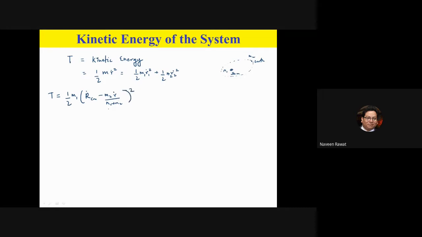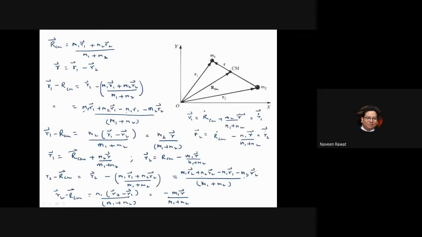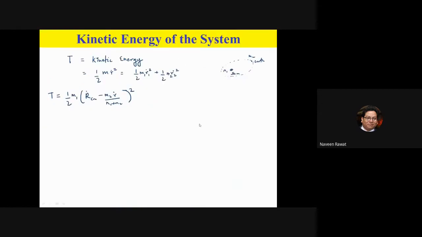Let me see if I've got that right. R1 dot is plus m2 by m1, so I'm going to take this sign as plus, and I have plus 1 half m2, and this should be r dot center of mass minus m1 divided by m1 plus m2, and I have another r dot here, and that is also squared. So that is my complete expression for my kinetic energy.